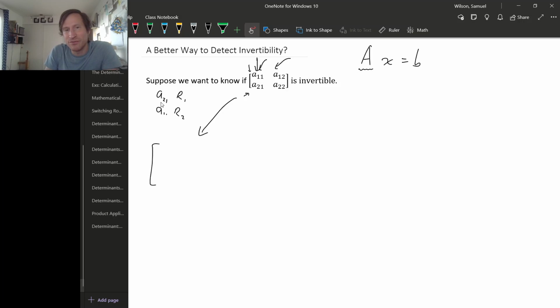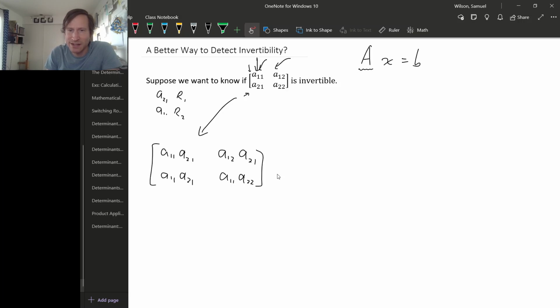Right? If both of these were 0, that would cause a problem, but let's assume that that doesn't happen. So when we do these row operations, we get, in the first row, A11 times A21, and then here A12 times A21, and then in the second row A11 A21 and A11 A22.